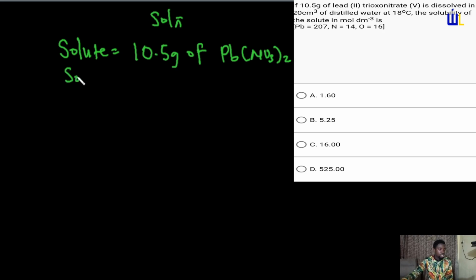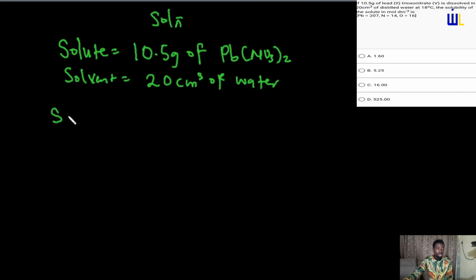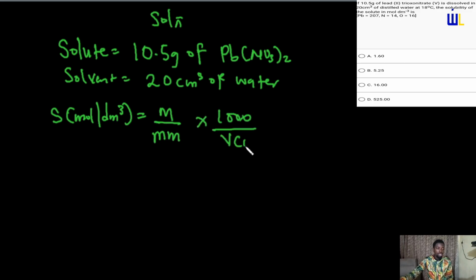Now the solvent in this case is 20 cm cube of water. So with these two said, if we are asked to find the solubility in mole per dm cube, the mass is given as the solute, so it's mass over molar mass multiplied by 1000 all over volume in cm cube.